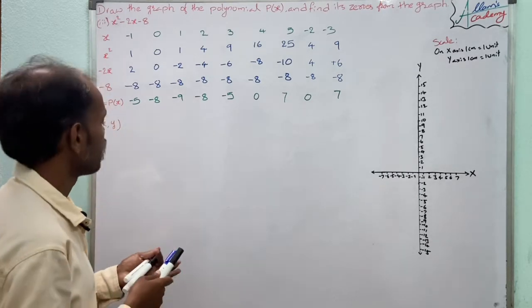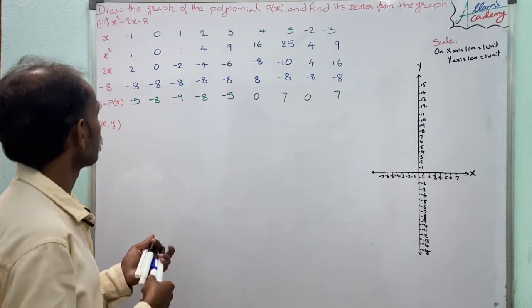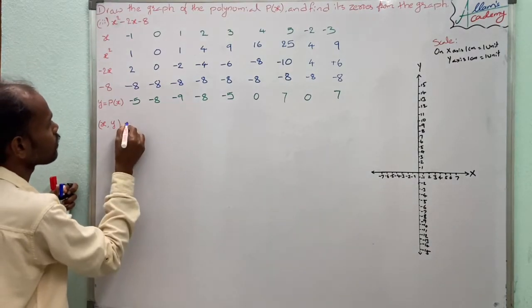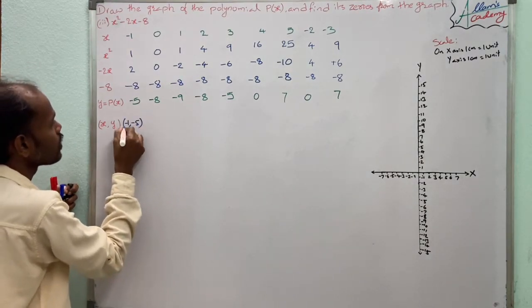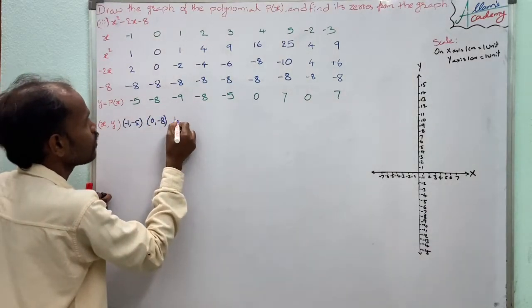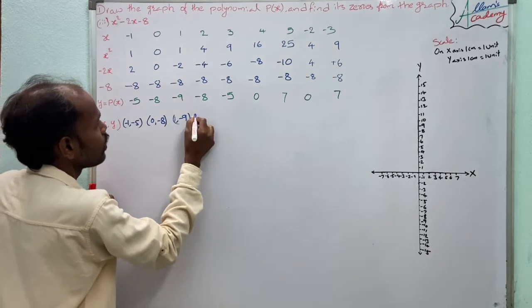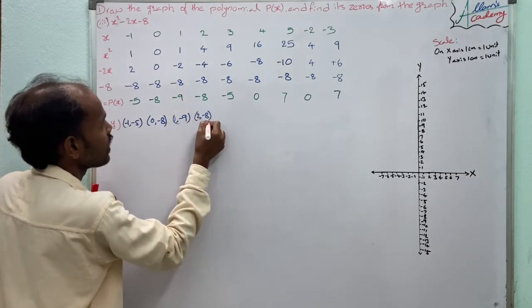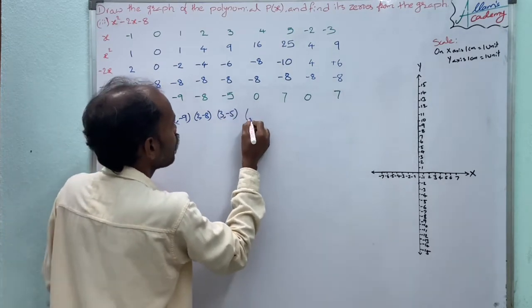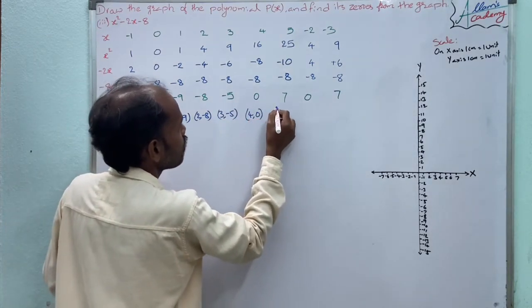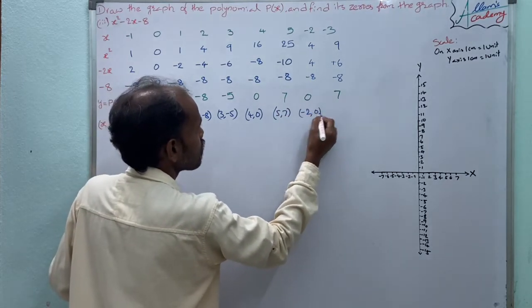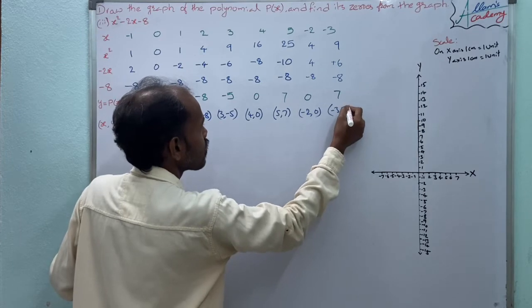Now we write the points: minus 1 to minus 5, 0 to minus 8, 1 to minus 9, 2 to minus 8, 3 to minus 5, 4 to 0, 5 to 7, minus 2 to 0, and minus 3 to 7.